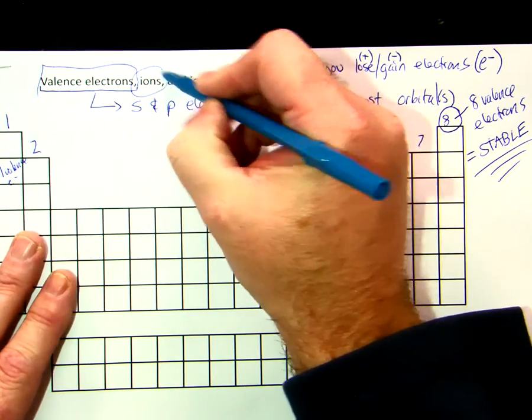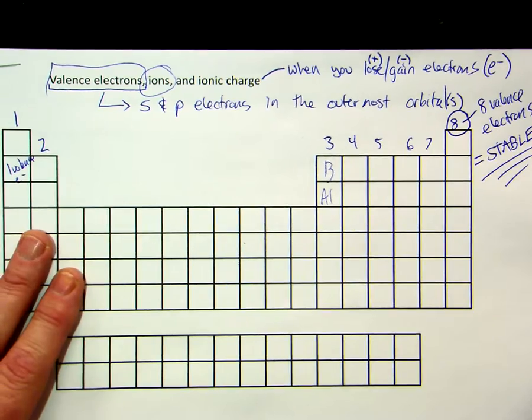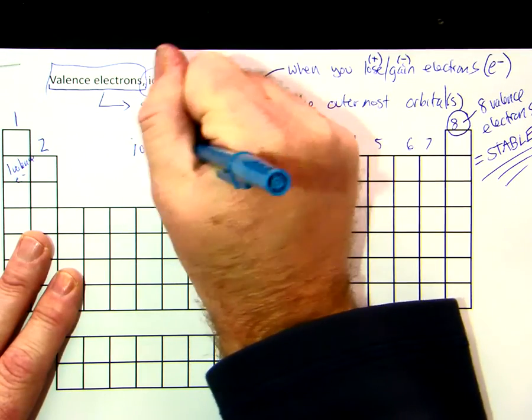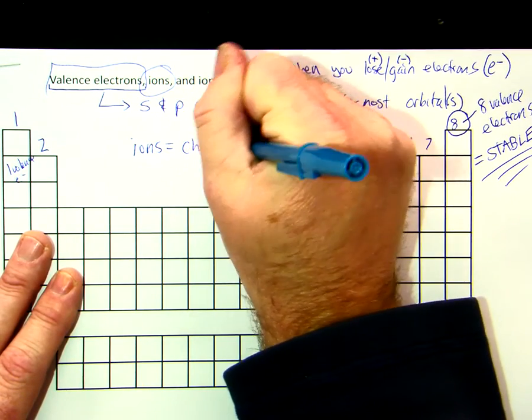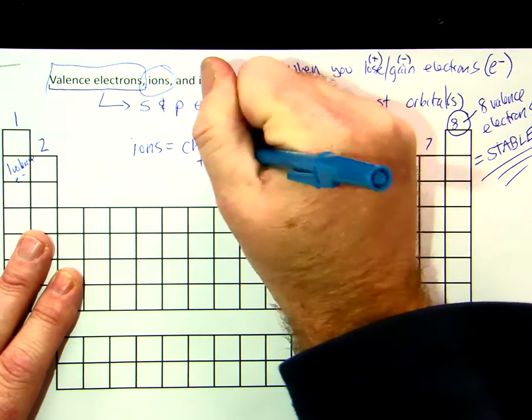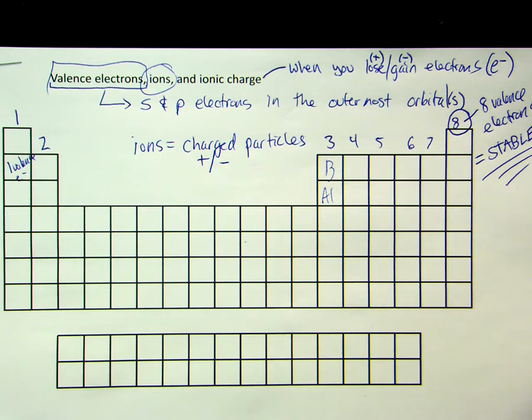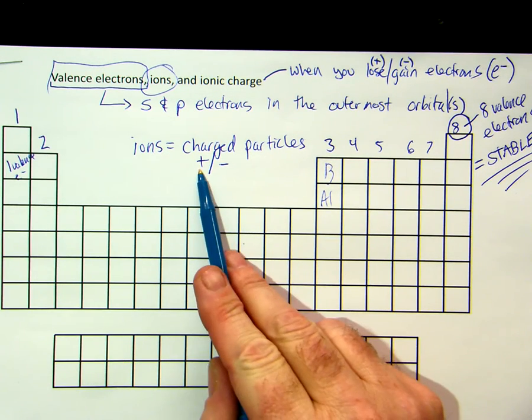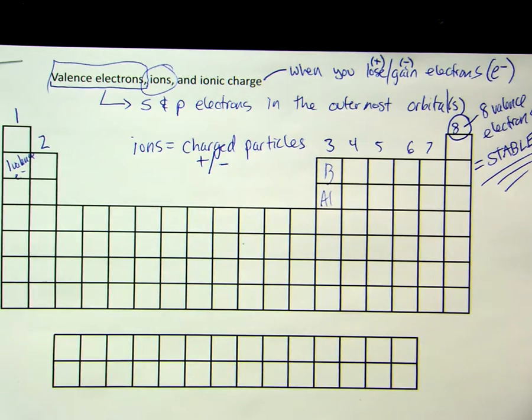And ions are the term for particles that have a charge. And by charge, we mean positive or negative, because it either has too few electrons or too many electrons.